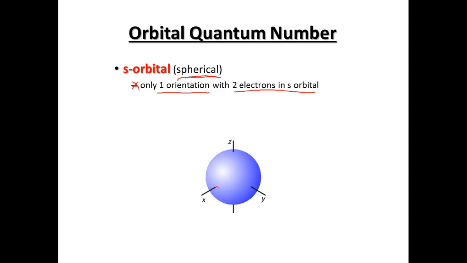It shows a three-dimensional representation on two-dimensional paper, since atoms are three-dimensional, and it's just drawing a circle around that x, y, and z axis to show it's a three-dimensional sphere. So a total of 2 electrons can go in that s orbital.